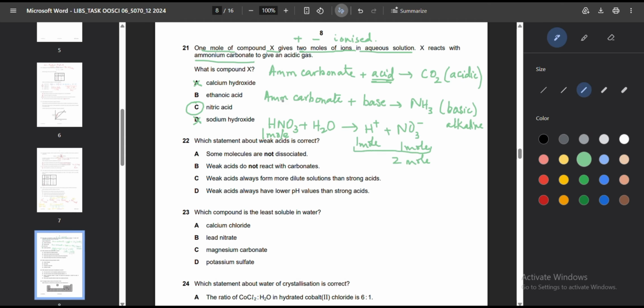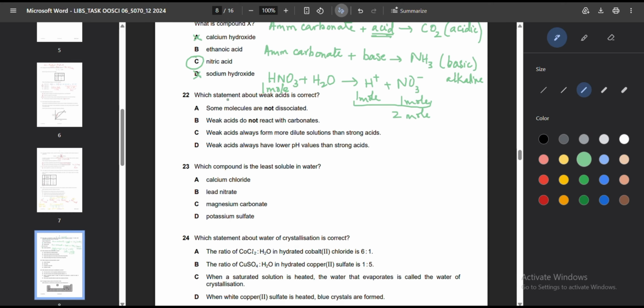On the other hand, ethanoic acid is a weaker acid. It's a weak acid, and weak acids do not ionize completely. Only partial ionization takes place. Question number 22. Which statement about weak acids is correct?